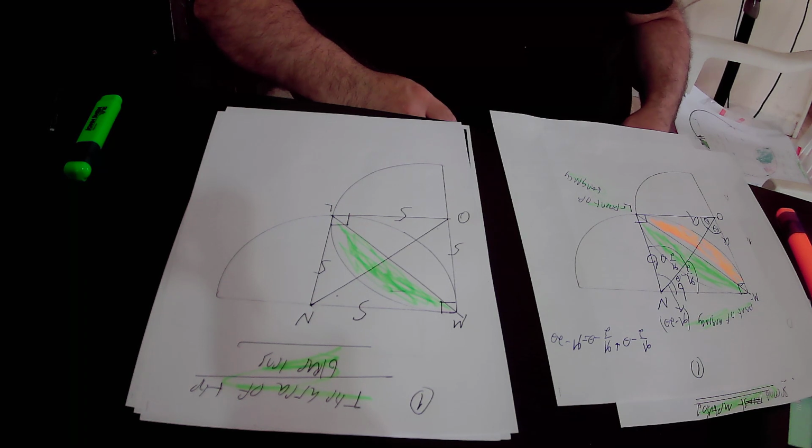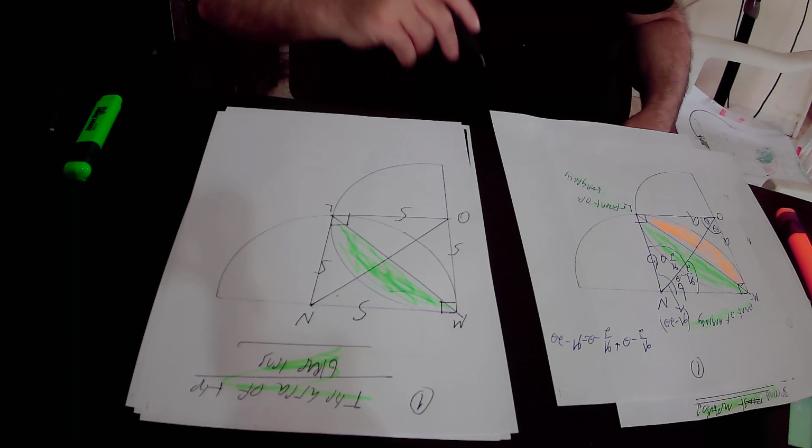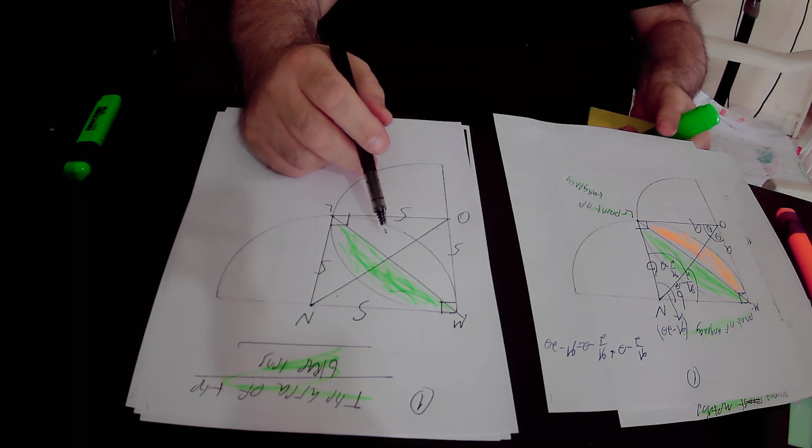So what is the area of this green circular segment?